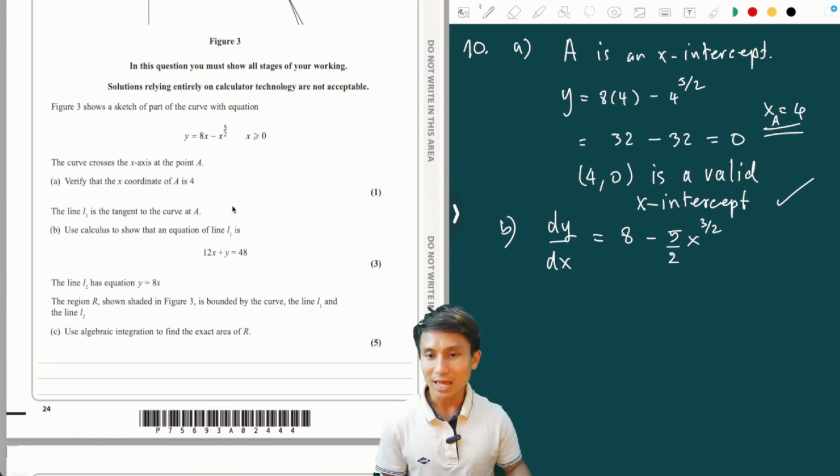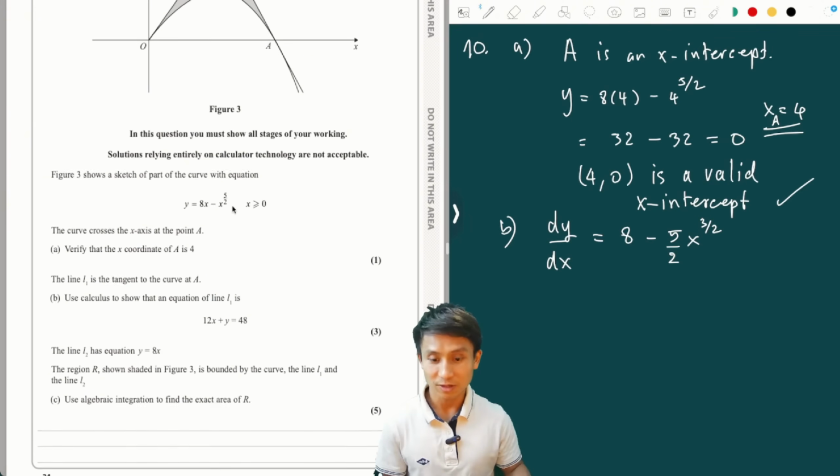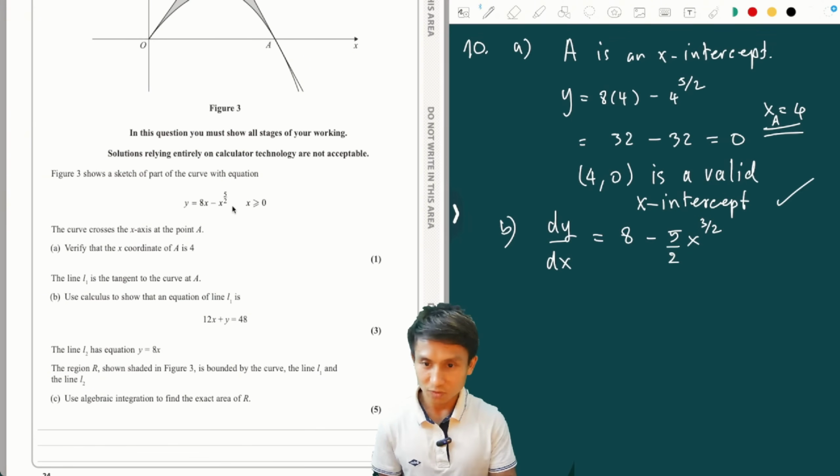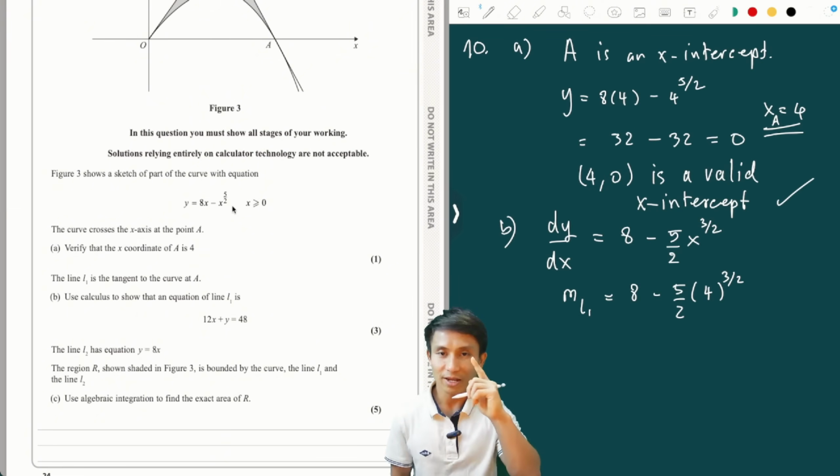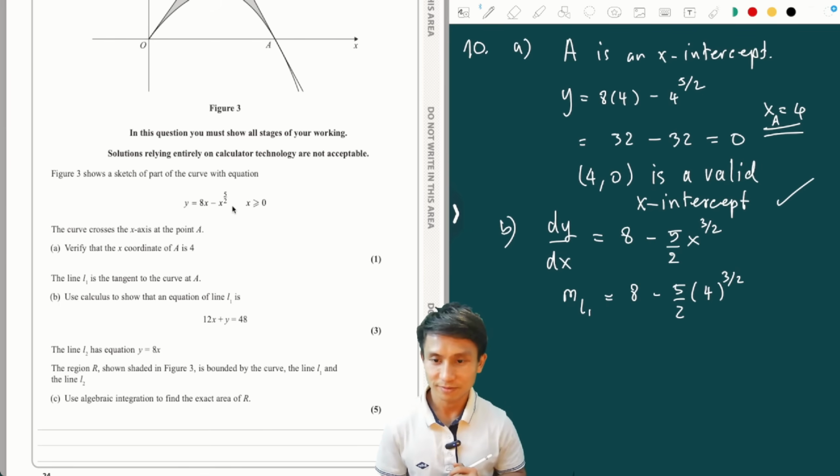Now at point A, the x value was just found to be 4. So the gradient of the tangent L1, ML1 here, is just 8 minus 5 over 2, substituting 4 in like that. All right, because we know that we need to find the gradient at point A along the curve.